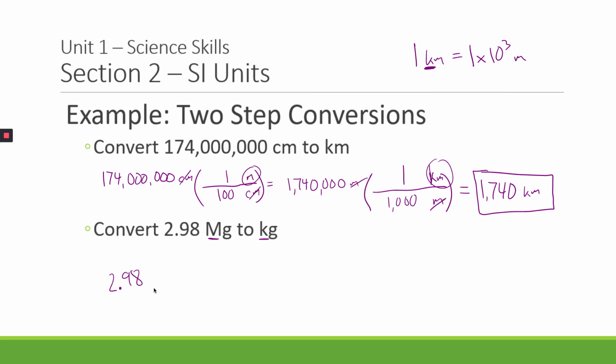So 2.98 megagrams. Now here I'll convert from megagram to gram, because after I do that, I'll be in grams. So let's figure out that first. How many grams are in a megagram?